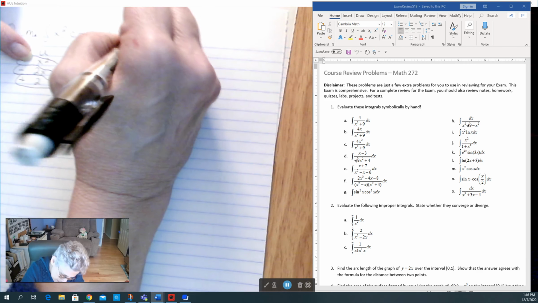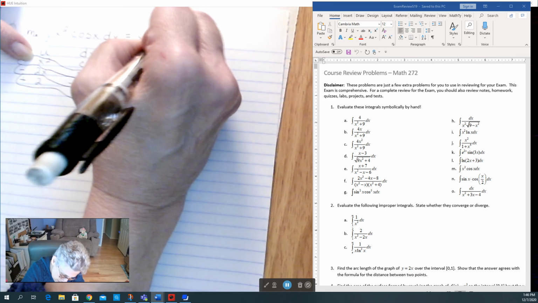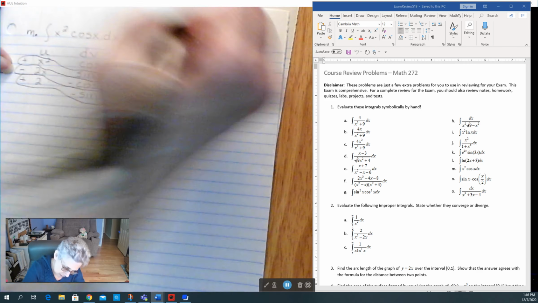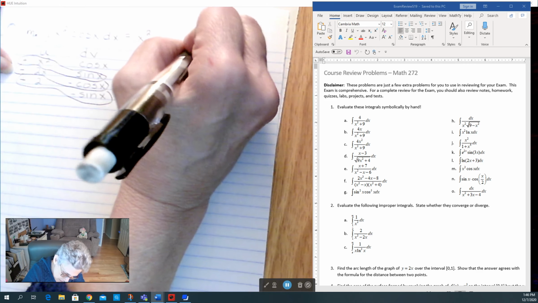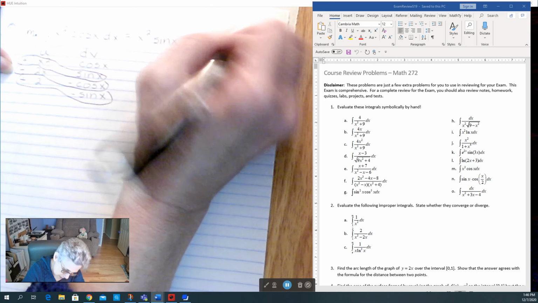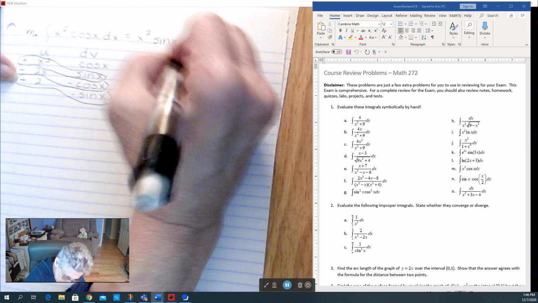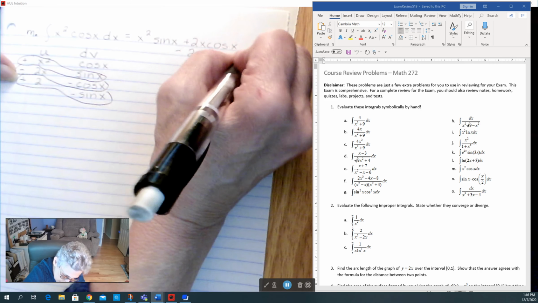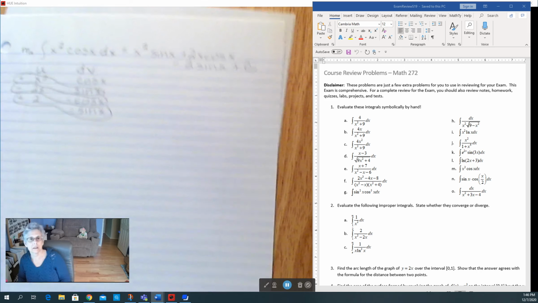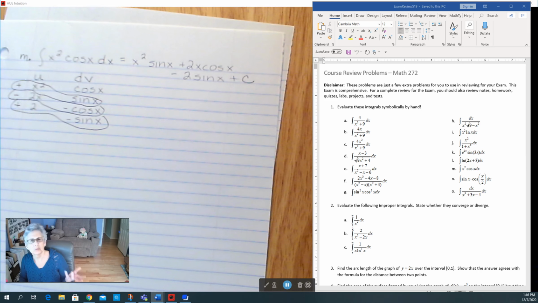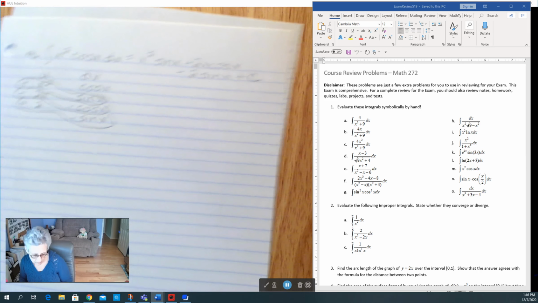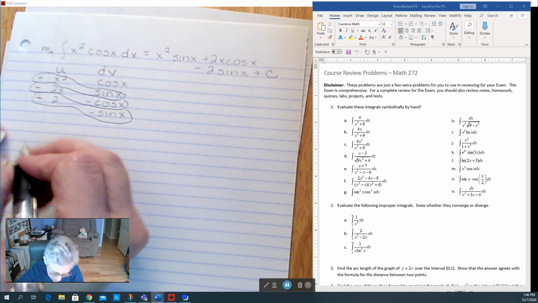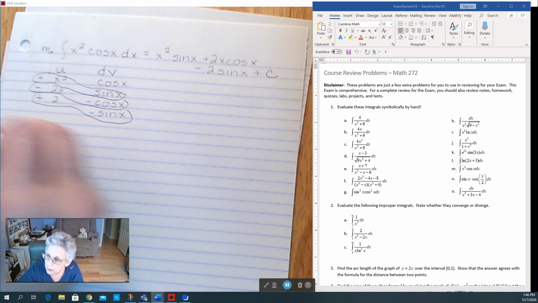So, x squared sine of x, I have minus minus, so plus 2x cosine of x, minus 2 sine of x, plus c. Again, if you would prefer to do it by doing integration by parts twice, same answer. Life is good.